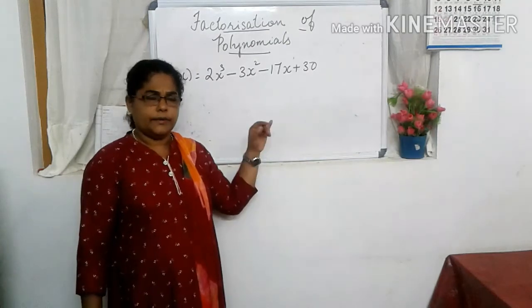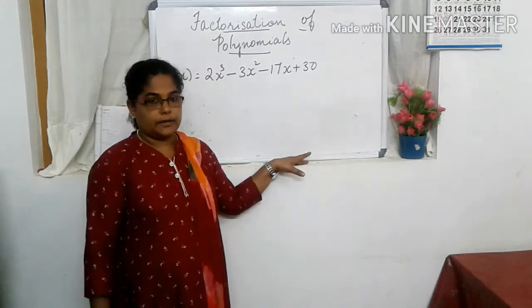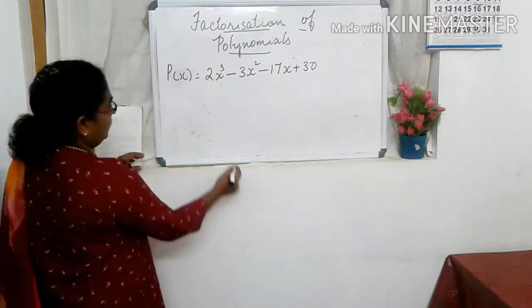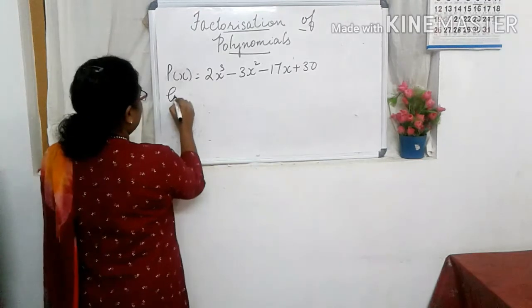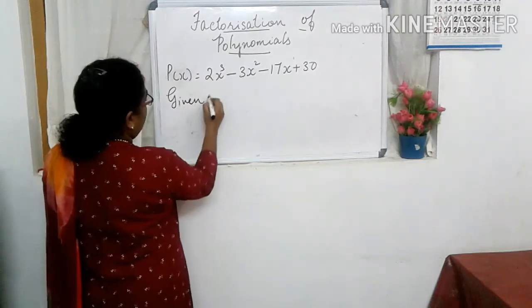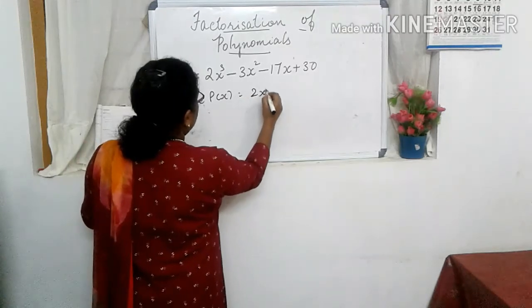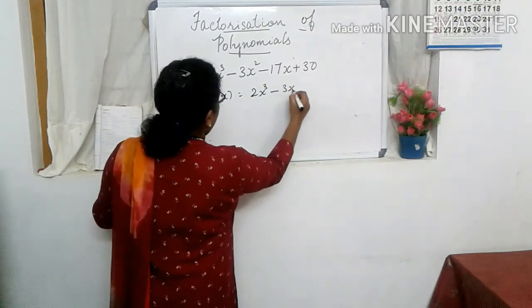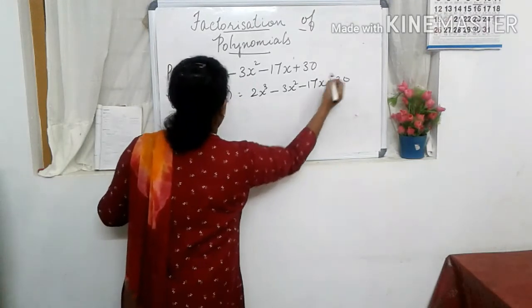How will we find the factor of this p of x? For that we have to check the constant term. First we should write the question again. Given p of x equal to 2x cube minus 3x square minus 17x plus 30.